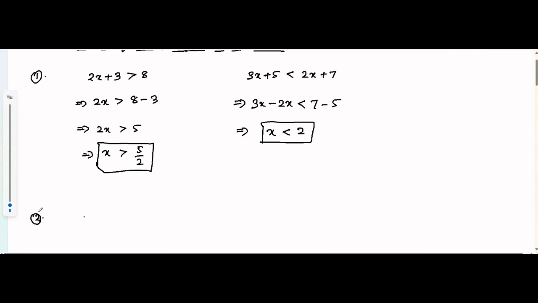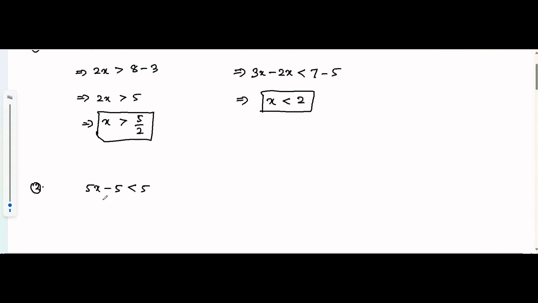Let's say we have 5x minus 5 is lesser than 5, okay, like this. So here if we take this minus 5 which is on the LHS and take it to the RHS, it will become plus 5.